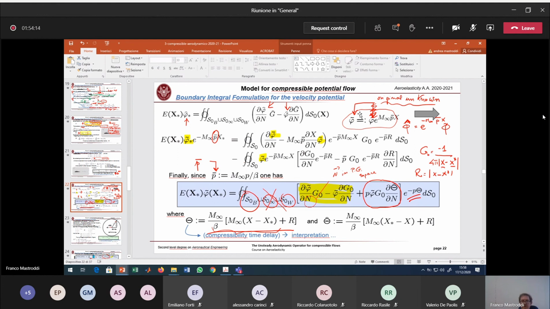However, for the elasticity, on January the 8th, we have a written test, and I will communicate you the time for this test. This test is a theoretical part of the course, and then you have an oral part, and the oral part is composed by other questions on theoretical issues of the course, and finally a question about the project you have been developing, the exercise I assigned to you.